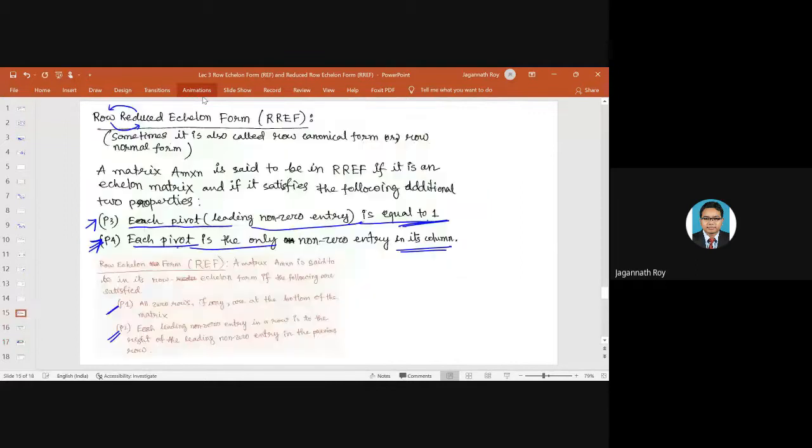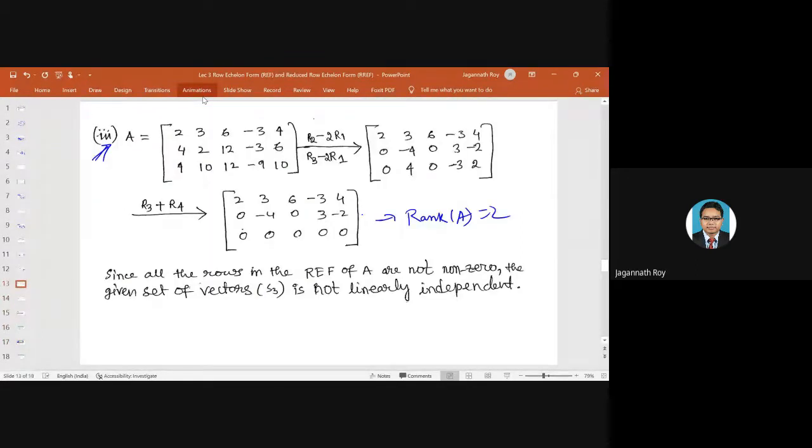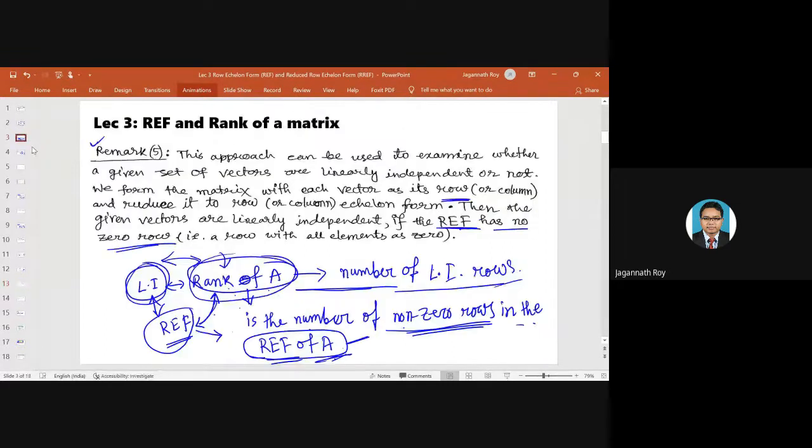That is why when we define the rank, let me go back again, I have used the REF of the given matrix. Otherwise, if it is not unique, we could have said a row echelon form. But it is not applied because this row echelon form is unique for a given matrix.